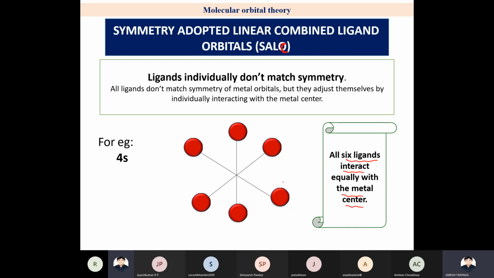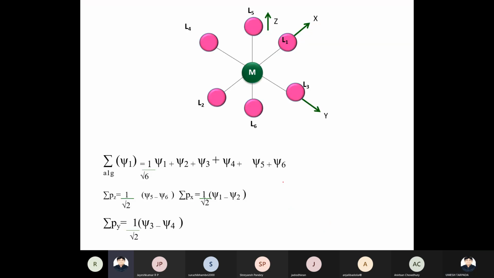In this situation, see what happens. When you look at the possible bond formation, there are two types of possible combinations. One is bonding, and another one is anti-bonding.